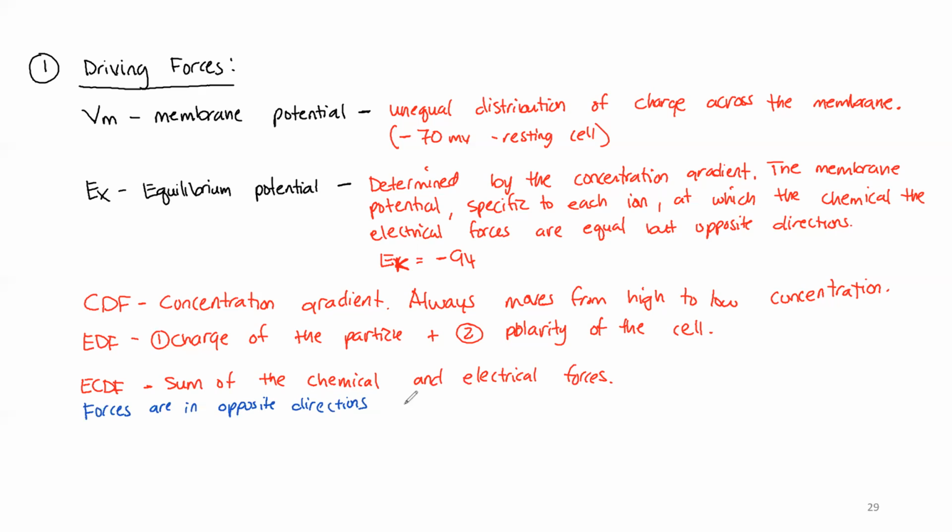Okay, and what we will now compare is the membrane potential at that time versus the equilibrium potential of that ion in question. Okay, and based upon that, we had three different scenarios, if you will.